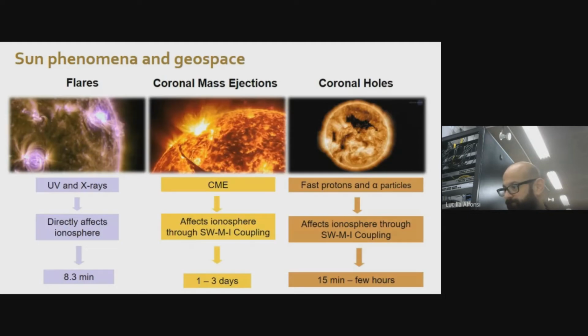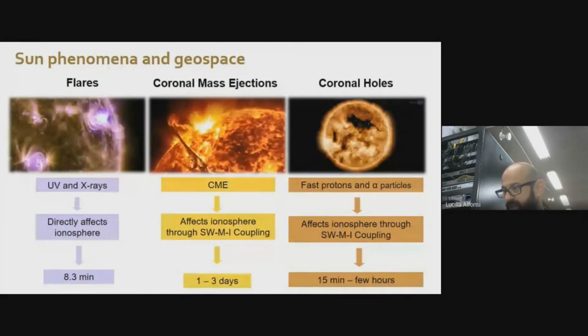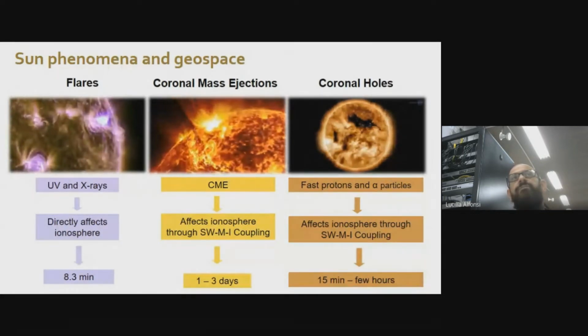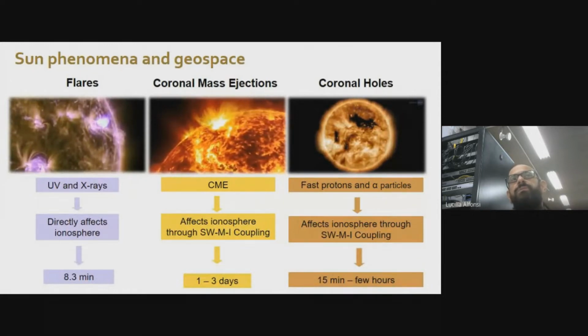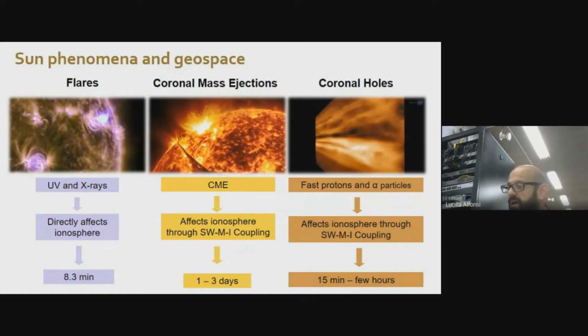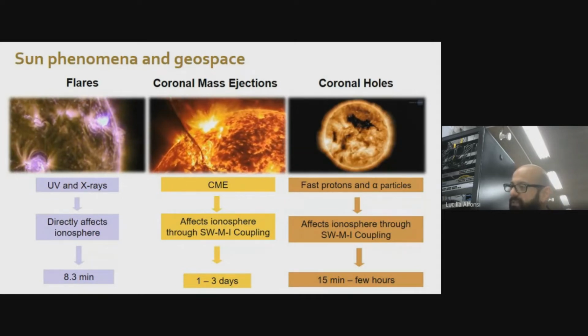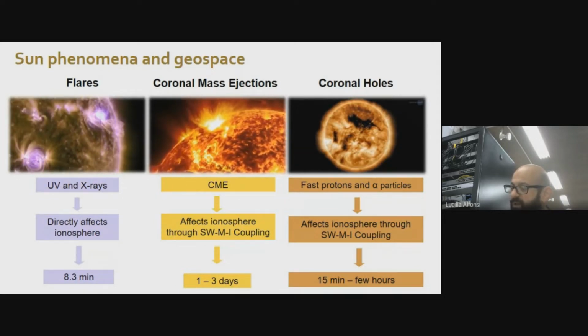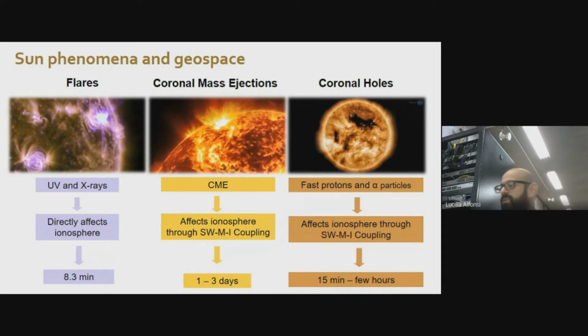So all the stuff we treated in this course starts from the sun. Just to recap, which are the phenomena that are important from an ionospheric point of view generated from the sun.